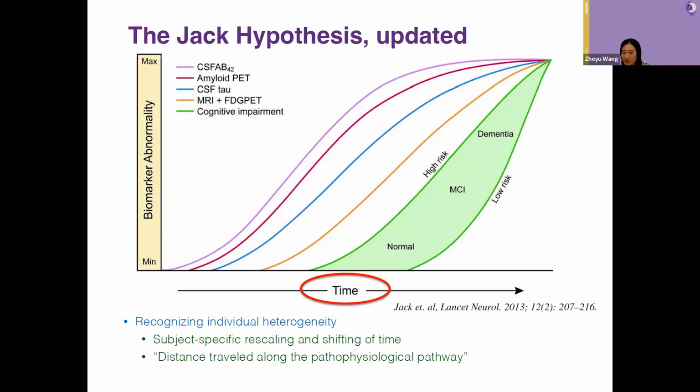In fact, it needs to recognize individual heterogeneity. And Jack in his paper specifically mentioned these two terms: one is that this time should have a subject-specific scaling and shift of time. And another phrase he used is very interesting, a distance traveled along the pathophysiology pathway.